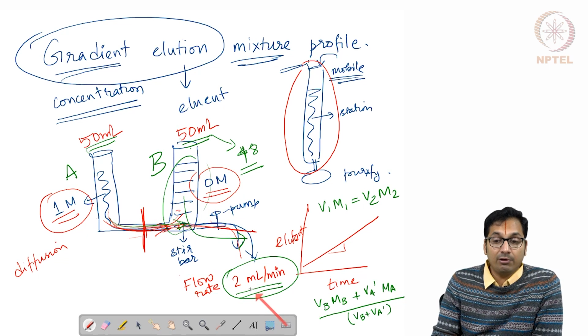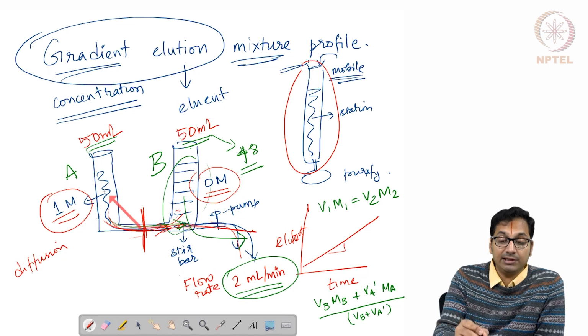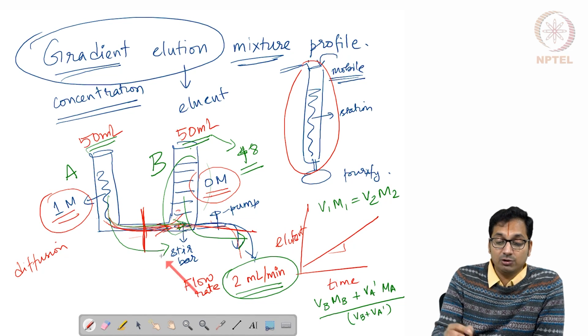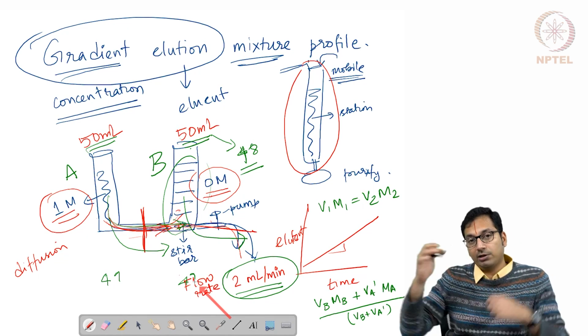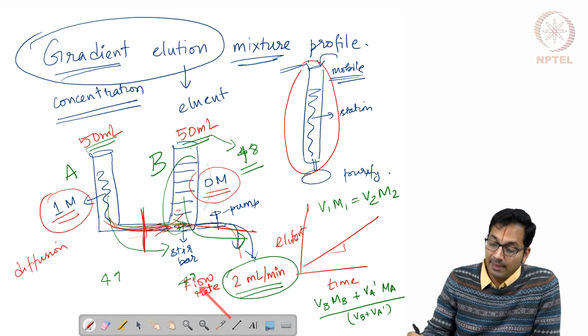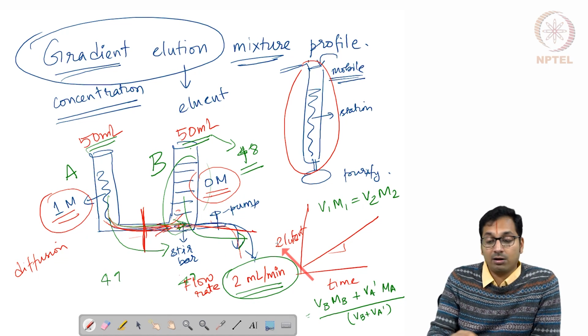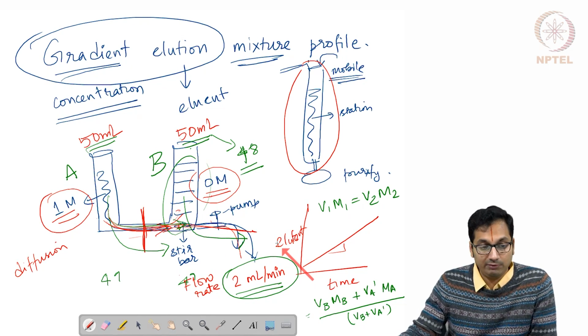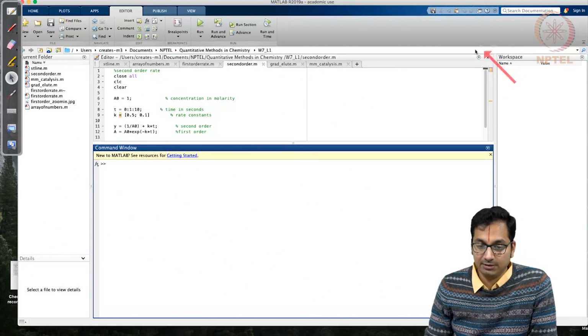Remember, when the 2 ml flow happens, when it goes from 50 to 48, 1 ml in this simulation will flow from here to here so as to keep the volumes 49 and 49 ml respectively, because water will always try to be at an equal level. By doing this simulation, one can try to understand how much can be done. So that is what we are going to be simulating. It's a very simple first order simulation.